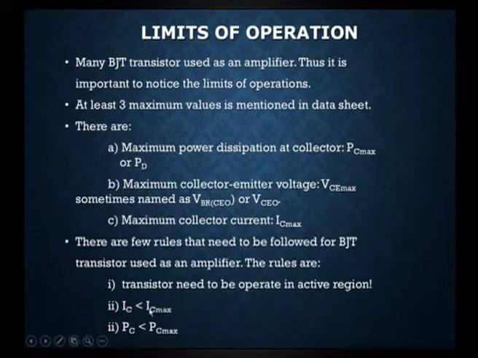Also, the collector current should always be less than IC max, and the power dissipation at the collector should be less than the maximum power dissipation mentioned in the data sheet.